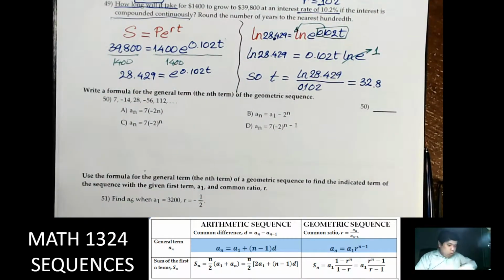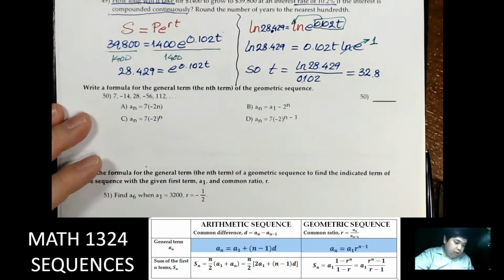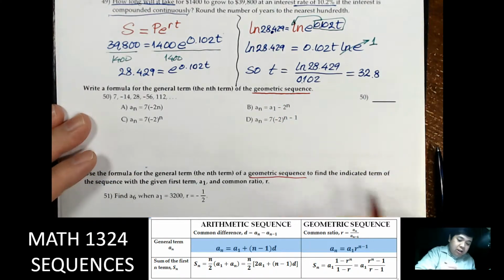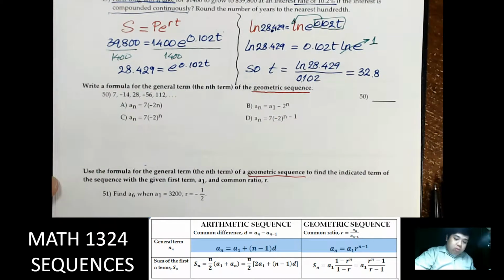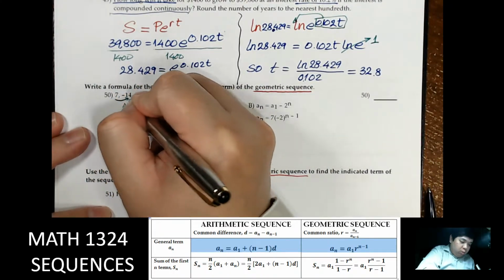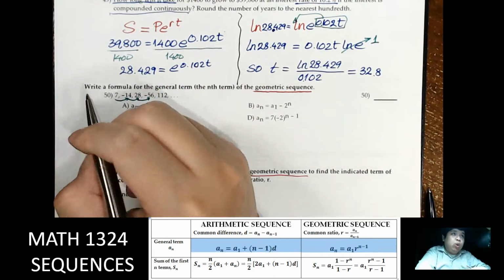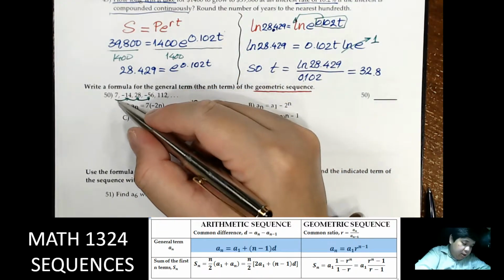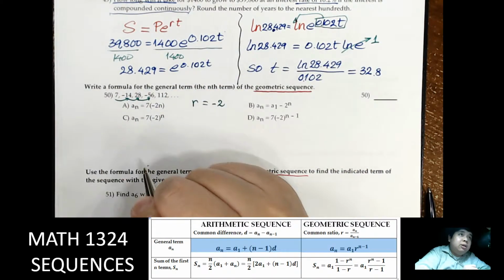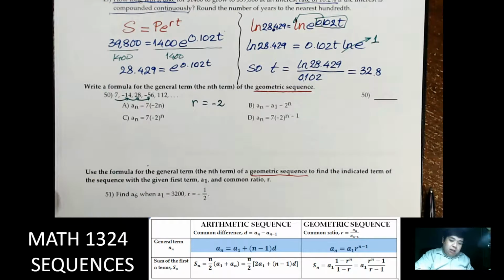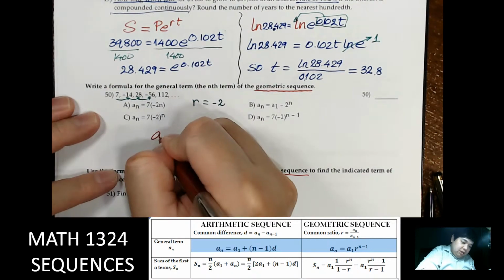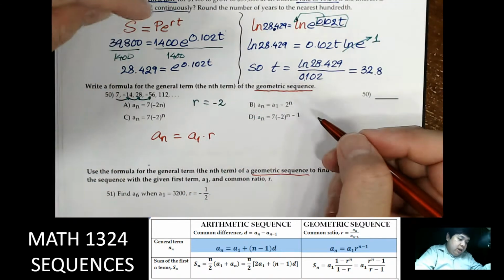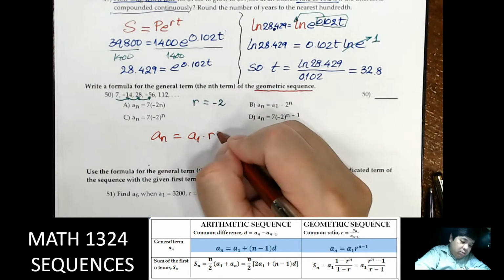Let's look at 50 and 51 rather quickly. 50, we know that this is a geometric sequence because that is given, and so meaning that we need to know what do we multiply from this term to the next, and so the ratio on this one is -2, right? And then to get to the nth term, start from the first one times r times r times r, n minus 1 times.